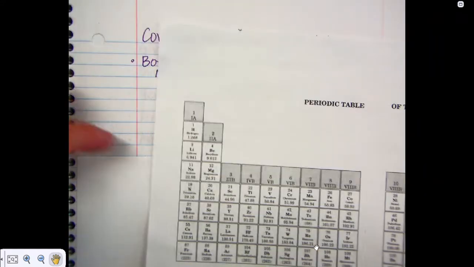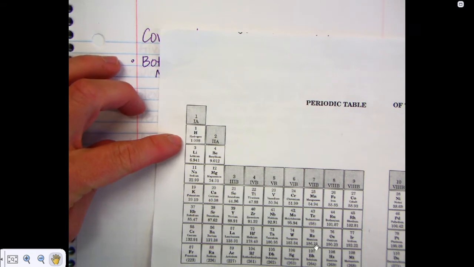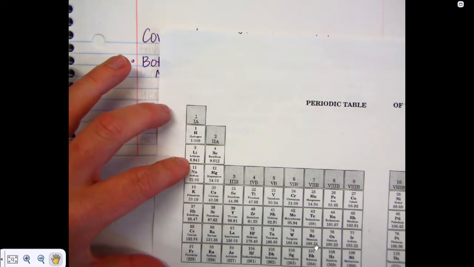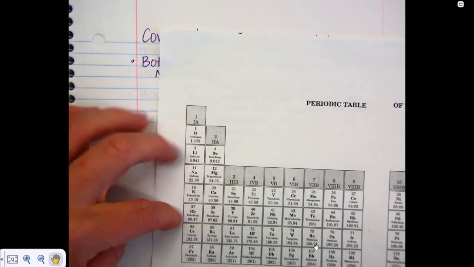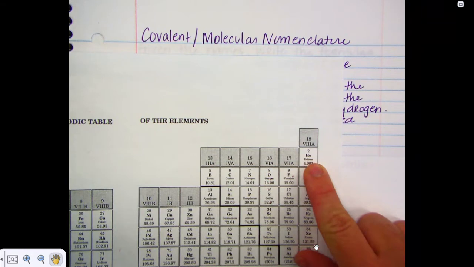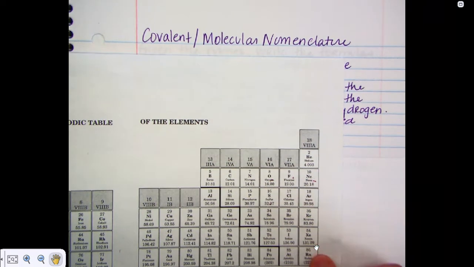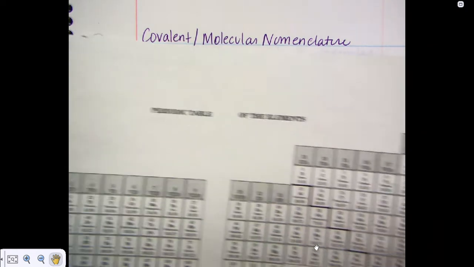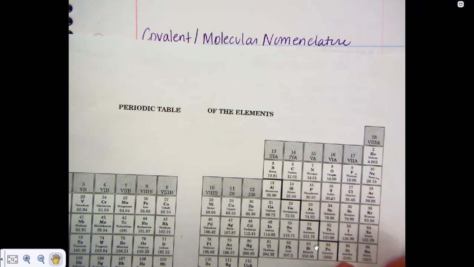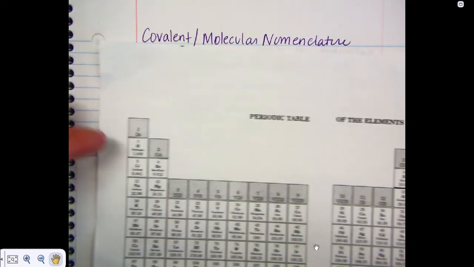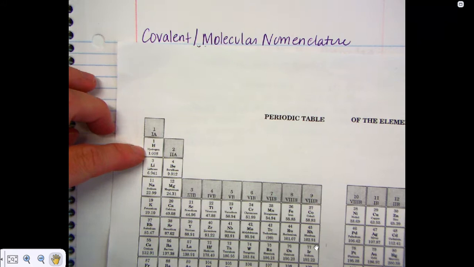For example, hydrogen, which is for sure a nonmetal because it's a gas, lives over here on top of our alkali metals because of its electron configuration. And then we know helium, which is also a gas, lives over here on top of the noble gases, when if you looked at it by electron configuration, would really live over here next to hydrogen. So when we say everything, that is a generalization, because your nonmetals, which is all this over here, does include hydrogen. Hydrogen as a gas is a nonmetal.